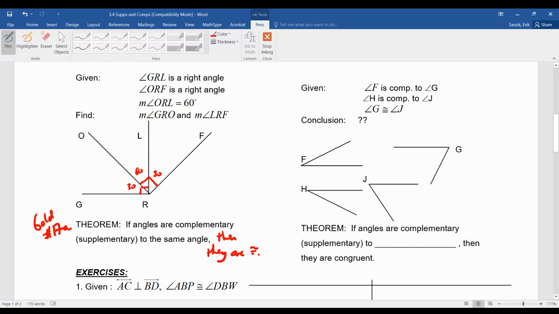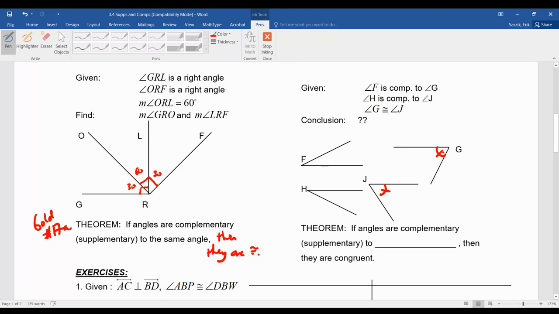Now watch this. To measure, I usually don't show comps or sups. I don't indicate them with tick marks, but if I have to here, F is comp to G, so I'll put a, you know what, this is just going to get too messy. Let's say G is congruent to J. So let's think about this here.